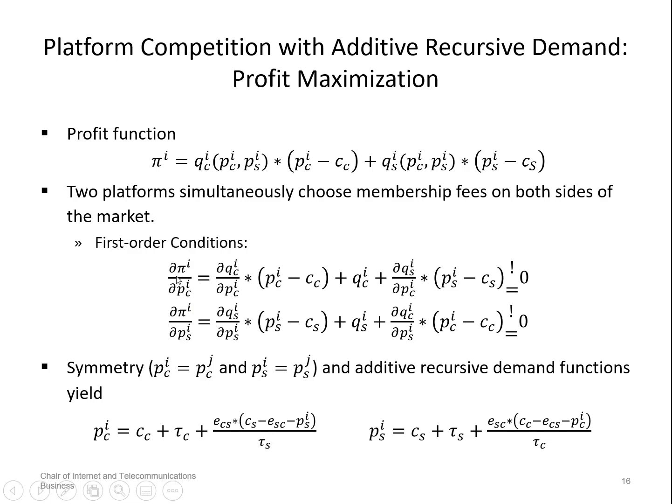The first order conditions with respect to the price charged to consumers and the price charged to suppliers have to be equal to 0 and then solved simultaneously. So there are actually going to be 4 first order conditions that we solve simultaneously.